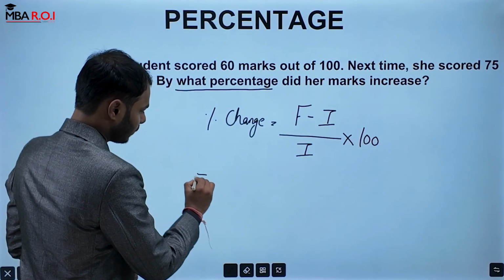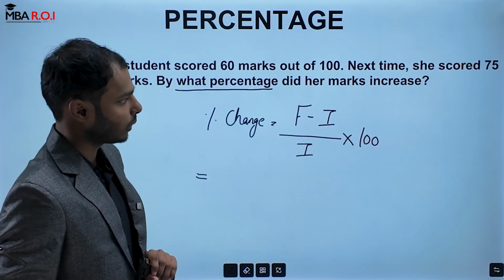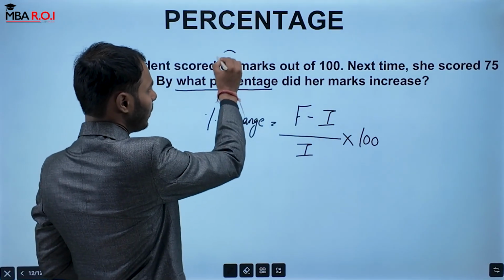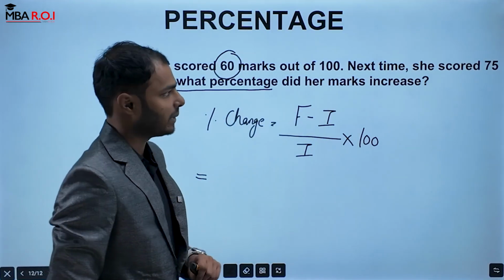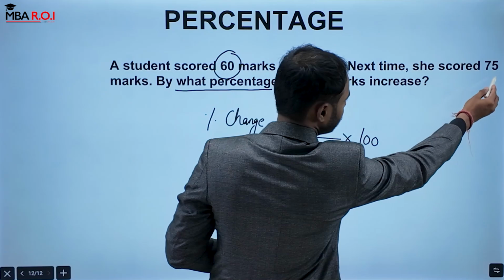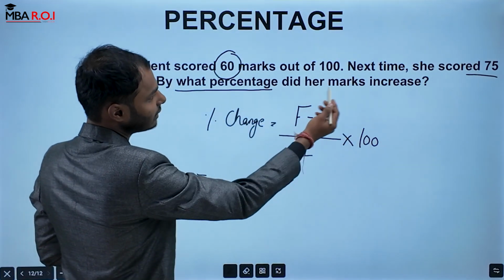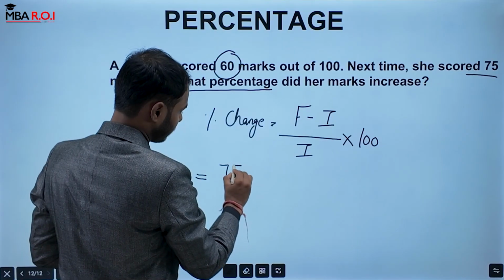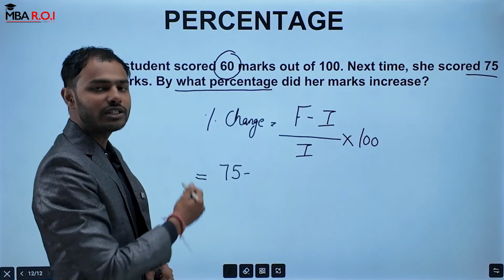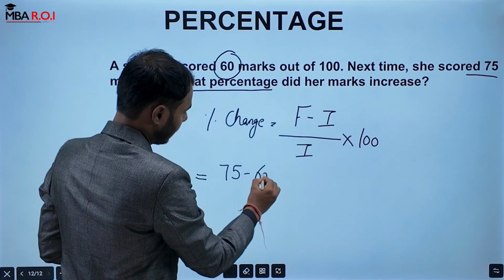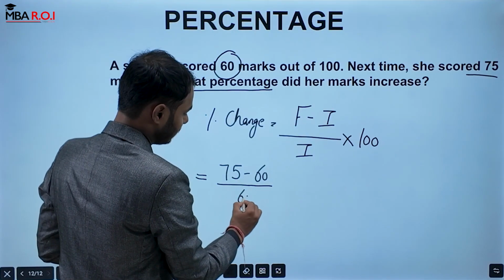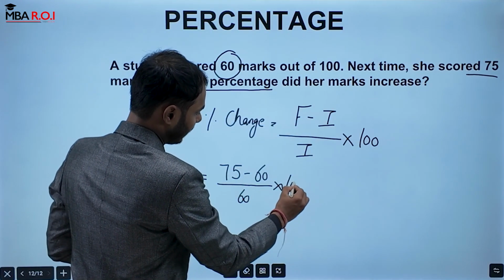What is the final value in this question? Initially she has 60 marks. Next time she scored 75 marks. So the final marks were 75, and the initial marks are 60, multiplied by 100.